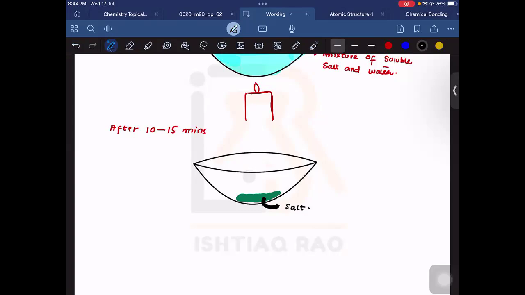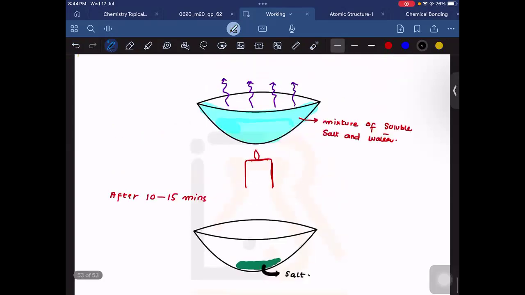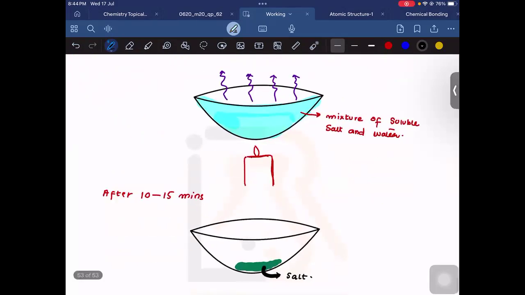But remember, the salt that we are going to obtain as a result of this evaporation is impure salt. And remember, the salt that we obtain from this technique is a powdered salt, because you have provided strong heating so that the water may evaporate faster and I may have the complete separation.